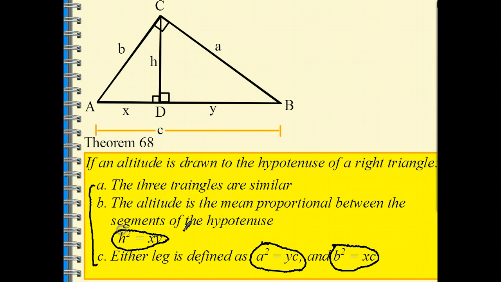Now, once again, a way to remember it: A squared is just going to equal its transposed version on the hypotenuse, which is Y, times the entire hypotenuse, C. Same thing with B. B squared is equal to its transposed, or adjacent, segment on the hypotenuse, times the entire hypotenuse, C.